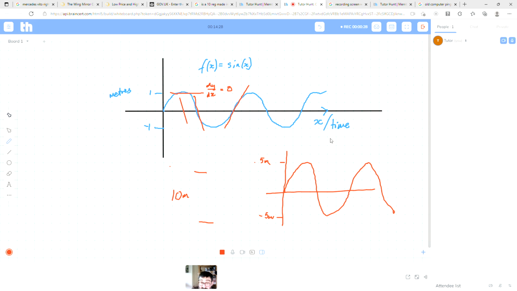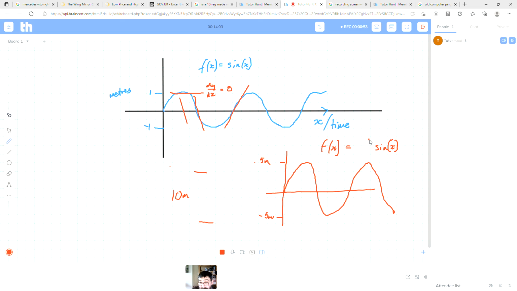I'm going to take this function, the sine function that I had, and that sine function was giving me 1 and negative 1 at the maximum points. So I'm going to take every value the sine function comes up with, and I am going to multiply it by 5.